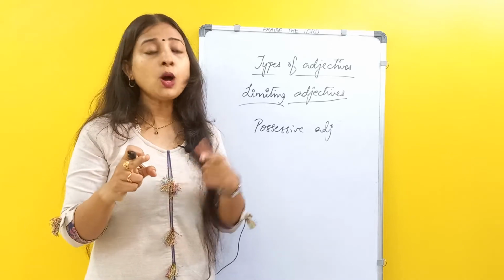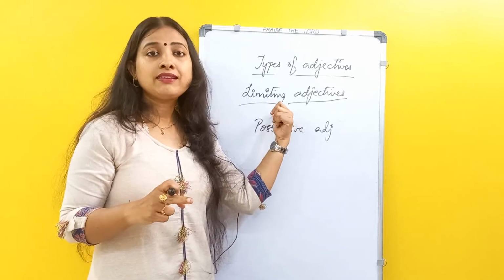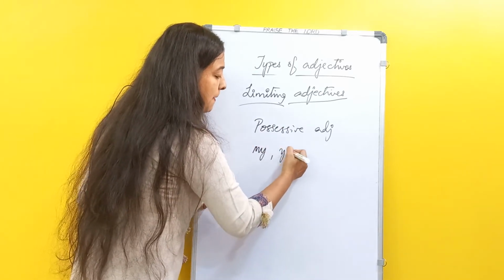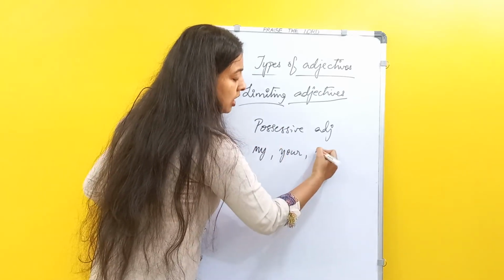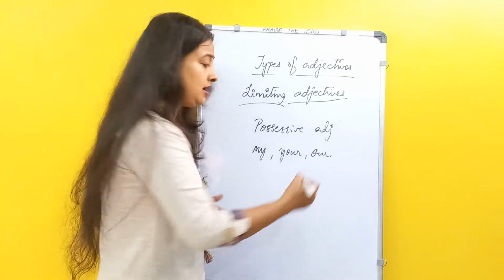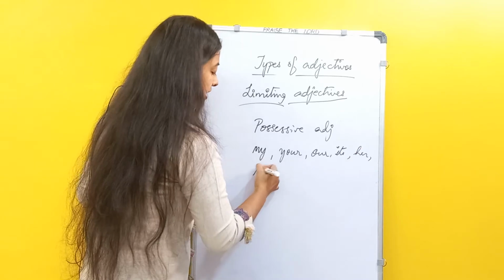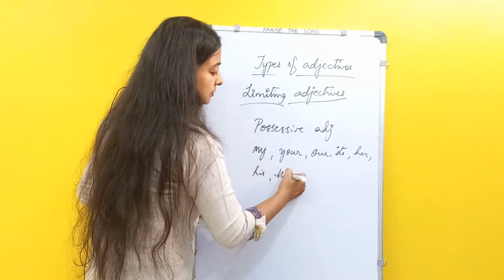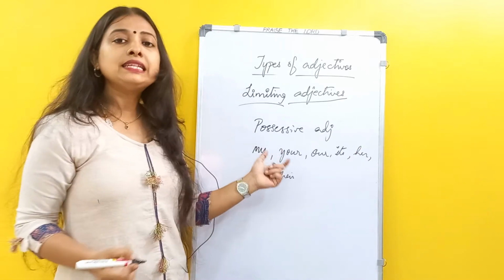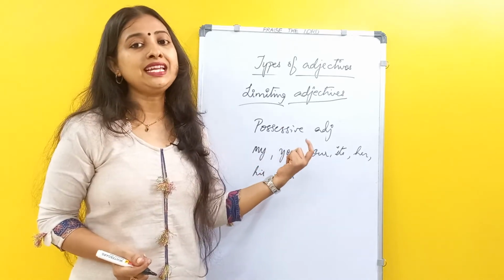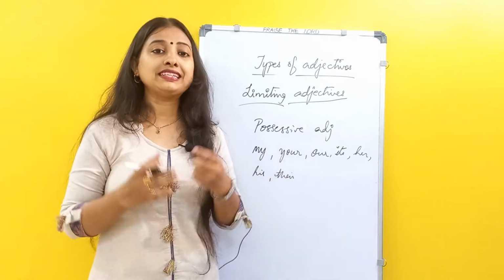So they are also limiting adjectives, right? What are the possessive adjectives we have seen? Mine, your, my, your, our, okay? Its, her, his, their, okay? All these are possessive adjectives. These are also limiting adjectives, like we have seen in sentences.